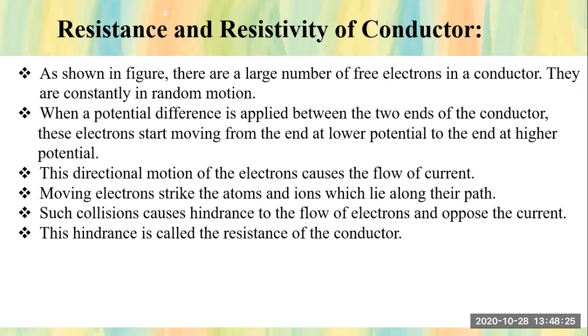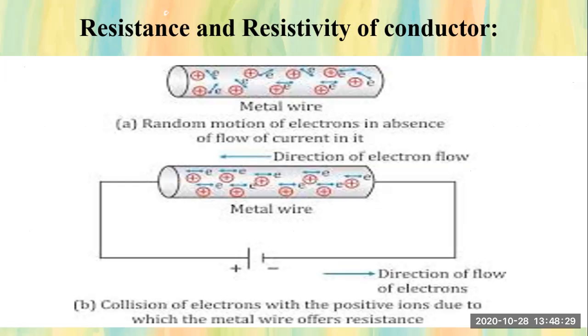Now see, collision takes place. We see the ions here, positive ions. Can you see? Whatever positive ions are present in this conductor, there is a collision between them and the electrons. When electrons are moving from lower potential to higher potential, that is, negative terminal to positive terminal, there is a collision of electrons with the positive ions, due to which a resistance occurs.